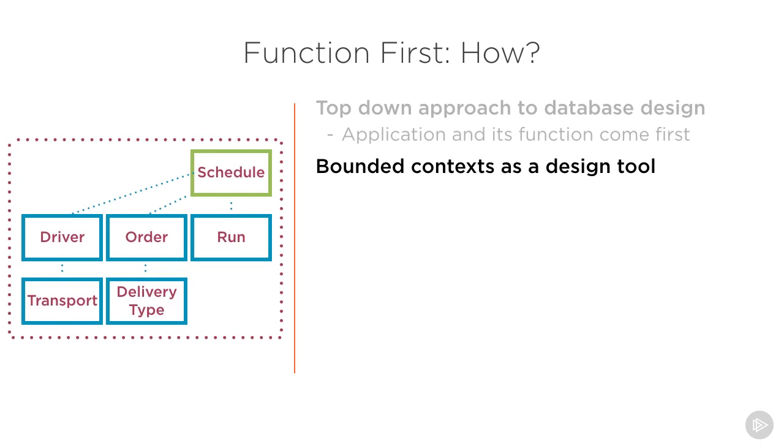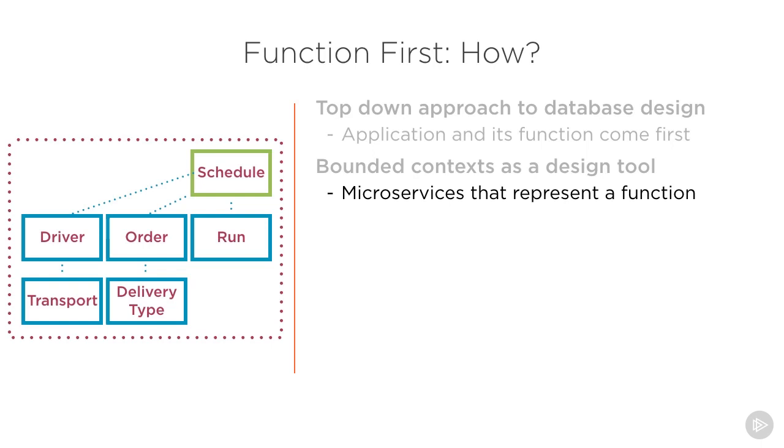Defining these models is what defines what goes into your database, into your micro database for that microservice. In fact, as part of this course, there's a module titled How to Scope Microservices Using Bounded Contexts, which will help you achieve microservices that represent functions and models which will form your micro database for your microservice.